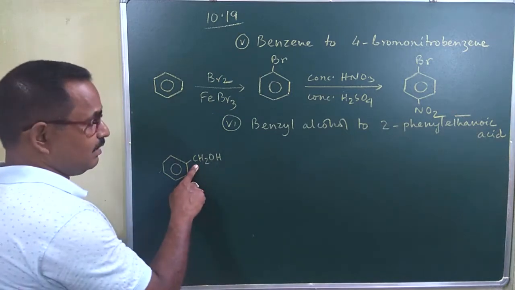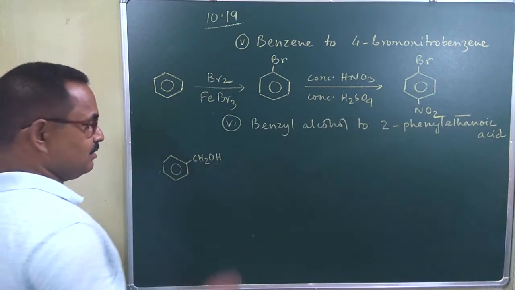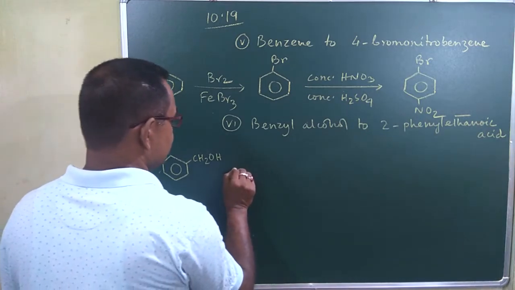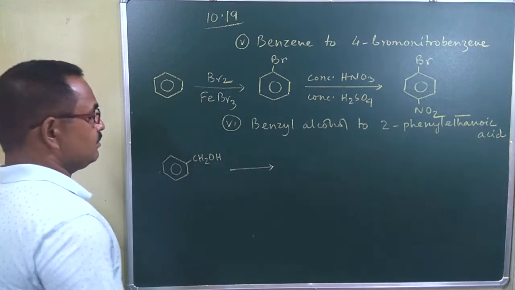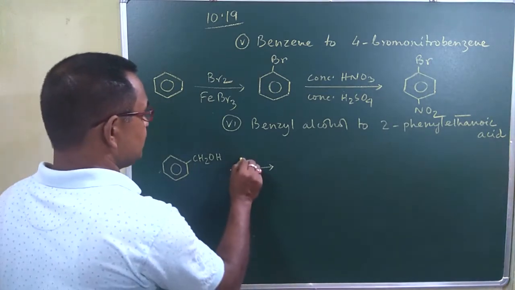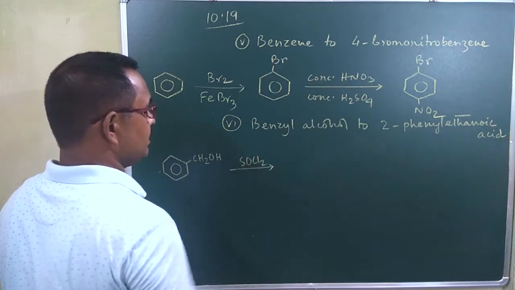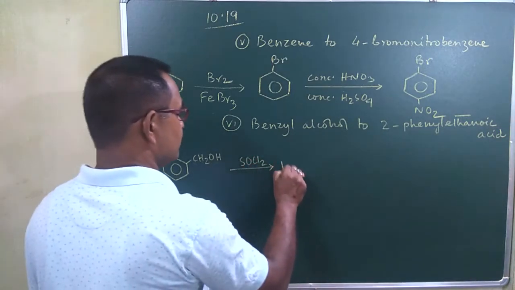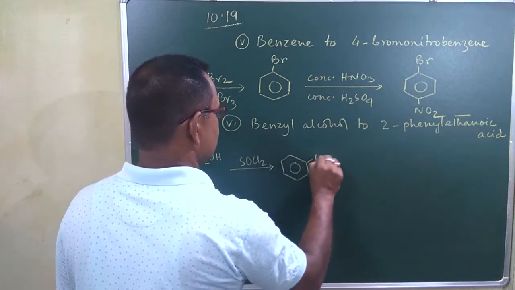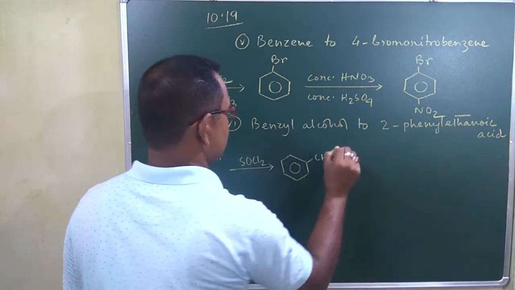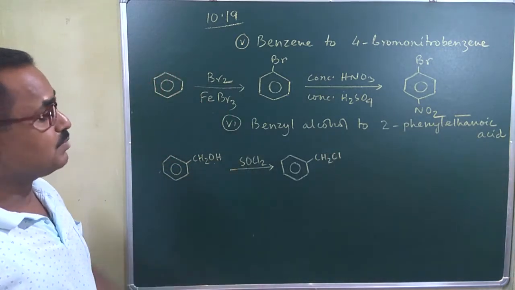You are to prepare 2-phenyl ethanoic acid. So treat it with SOCl2, thionyl chloride. What will happen? We have this hydroxyl group replaced by chlorine.